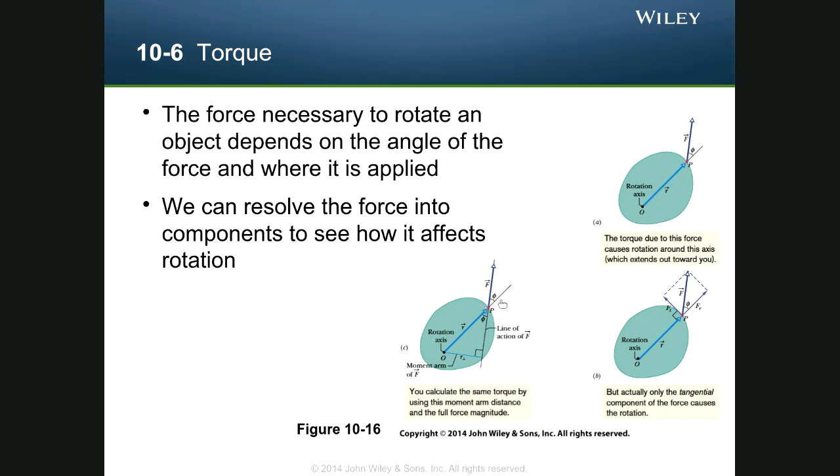In engineering, you'll usually use the line of action and the moment arm to create this right triangle, where the distance from the rotation axis to the point the force acts is the hypotenuse. If you extend the line of force, that's called the line of action, right? And then the perpendicular distance is called the moment arm of F. I usually don't use this language because it gets confusing for me.